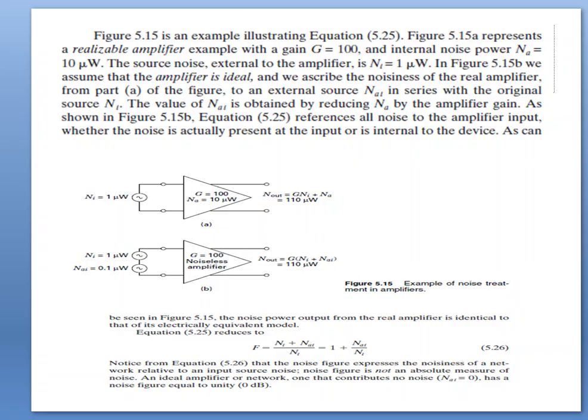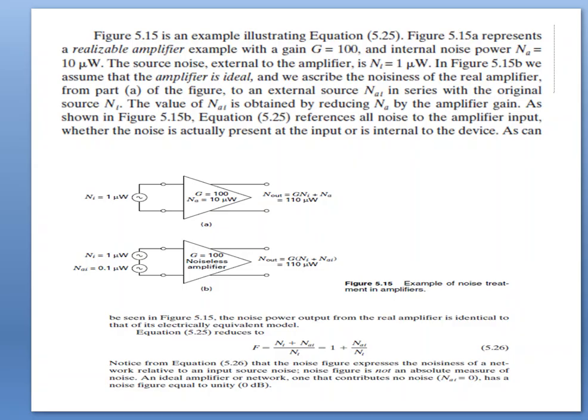In the figure, we assume that the amplifier is ideal and we describe the noisiness of the real amplifier as an external noise NAI in series with the original source Ni.